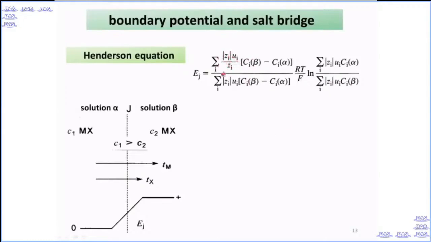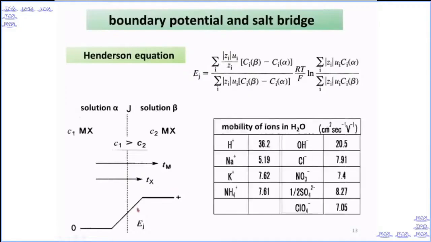Such parameters are defining factors of the junction potential. The mobility of this is related to the valence number.